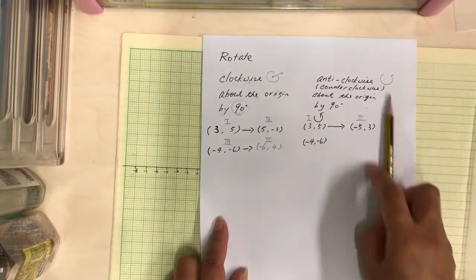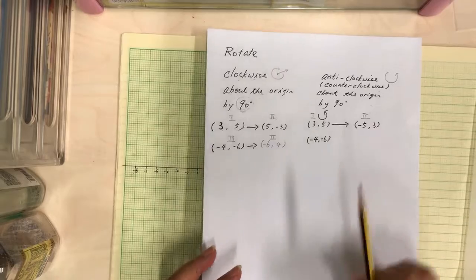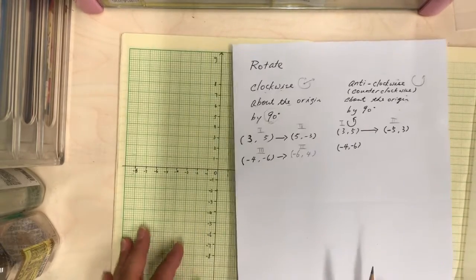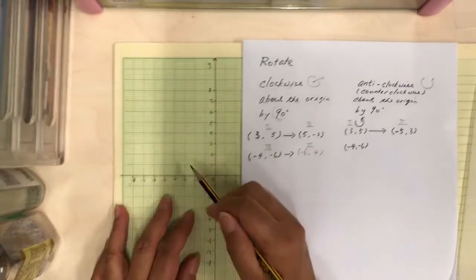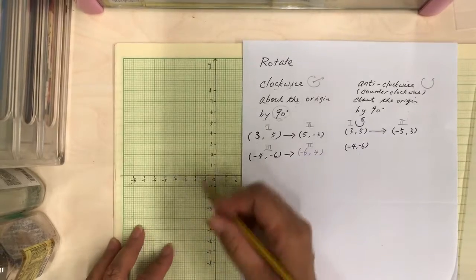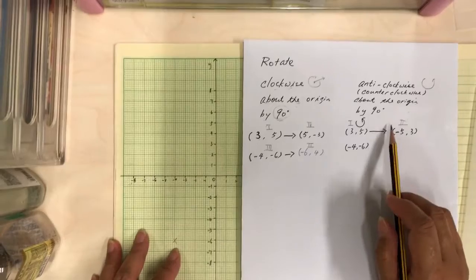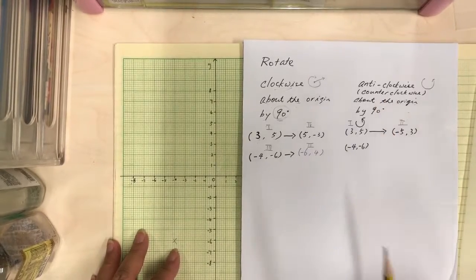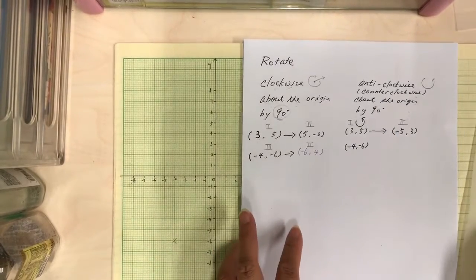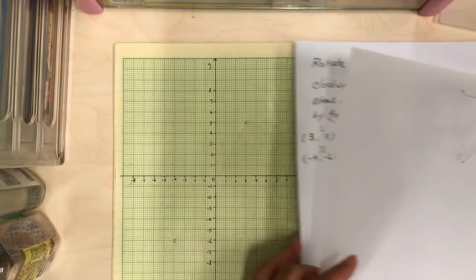If we continue, we do one more example, -4, -6, and I want to rotate it anti-clockwise about the origin by 90 degrees.